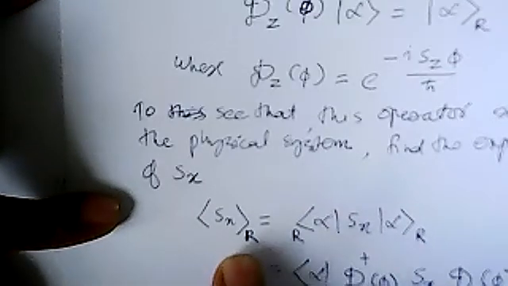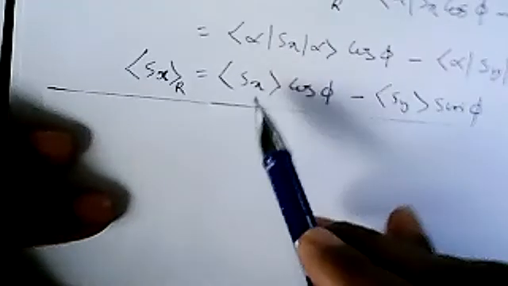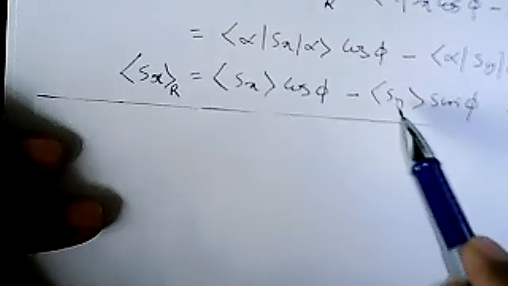So you change this to Sx of R. That is nothing but expectation of Sx before rotation times cos phi, plus Sy before rotation times sin phi. Okay. Now you can smell this is a kind of rotation.